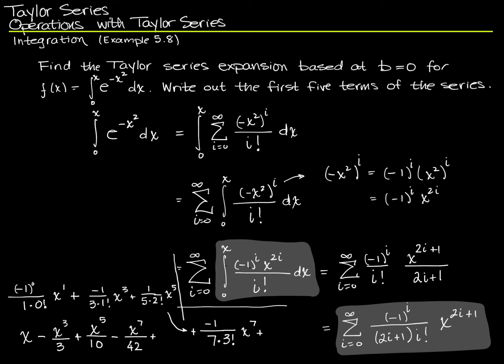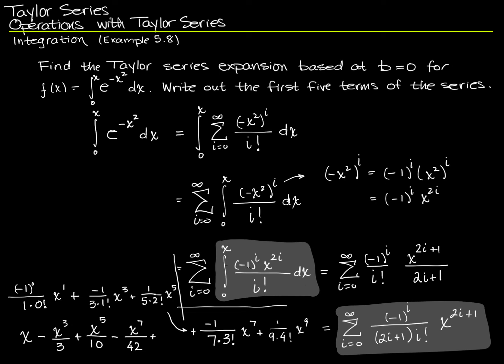And my fifth term is going to be, let's see, I have 0, 1, 2, 3, 4. When i equals 4, this is positive. I get 8 plus 1 is 9, 4 factorial. So I'm going to have 1 over 9 times 4 factorial times x to the power of 9.